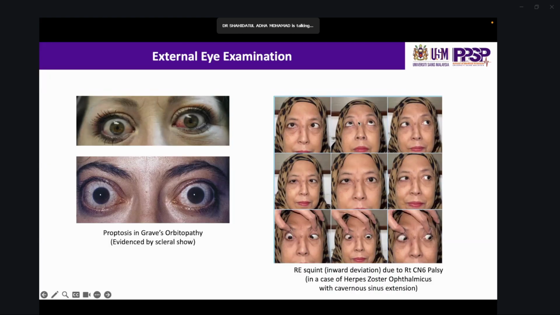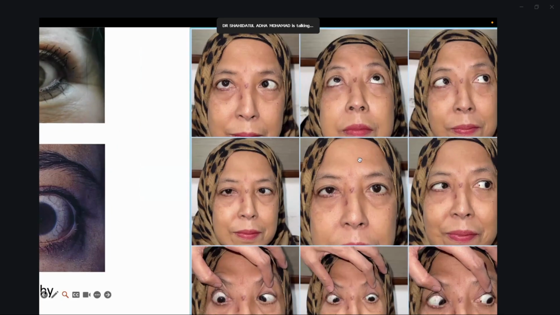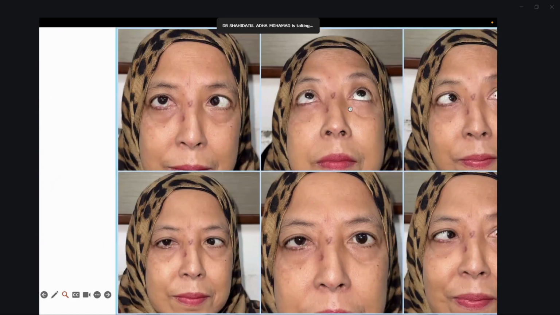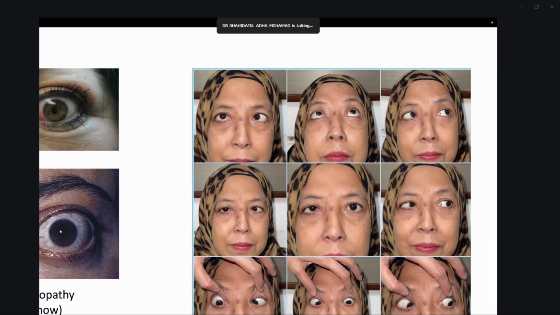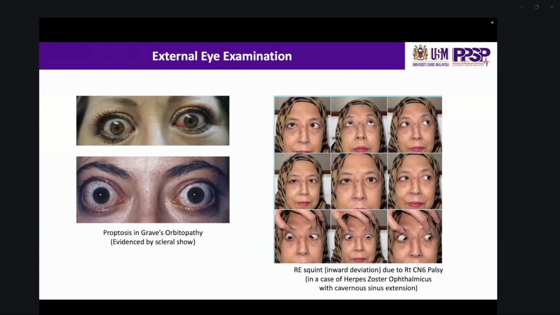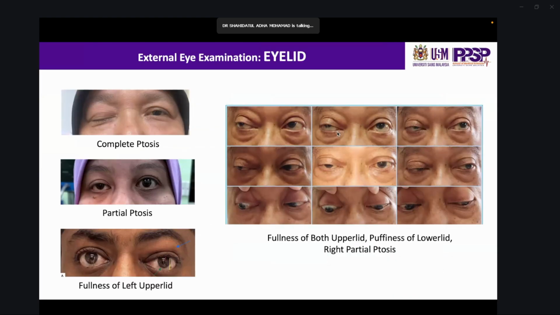The herpetic lesion is very minimal, but let me enlarge it a bit. You can see the herpetic lesion is involving the tip of the nose. So in any case with herpetic lesions, whether minimal or extensive, if it crosses the nasal bridge or affects the tip of the nose, you need to think of intraocular involvement, and you must refer to Ophthal.